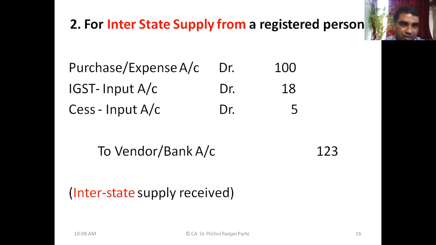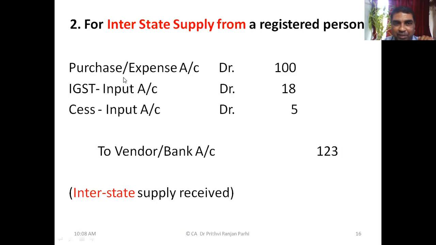Now, the next area is interstate supply. This is also from a registered person. Since it is from a registered person and interstate, there will be IGST credit. That means for input, we can avail IGST credit. So what entry will I be making?